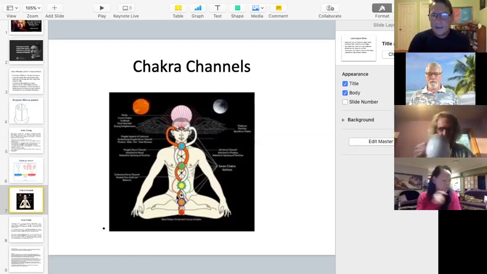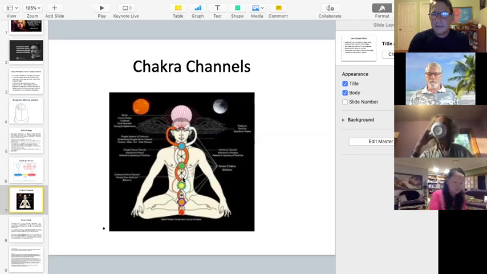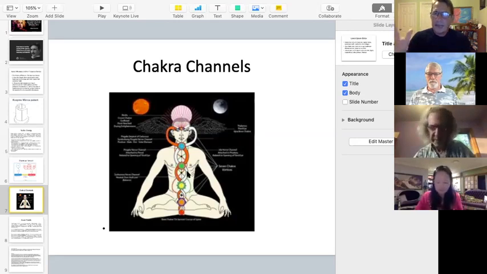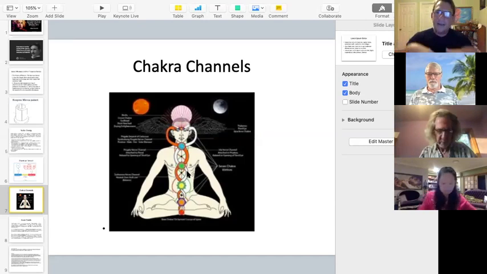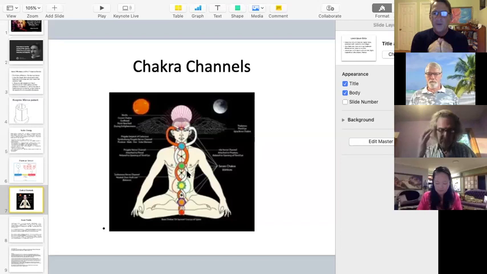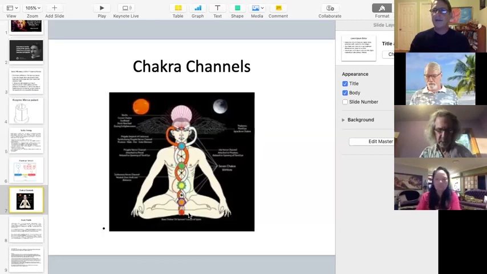And these channels represent the antinode of the wave, which cancels each other out and therefore creates a scalar wave. So this is how the body generates scalar waves, right? We have an energetic system built in that creates scalar waves.